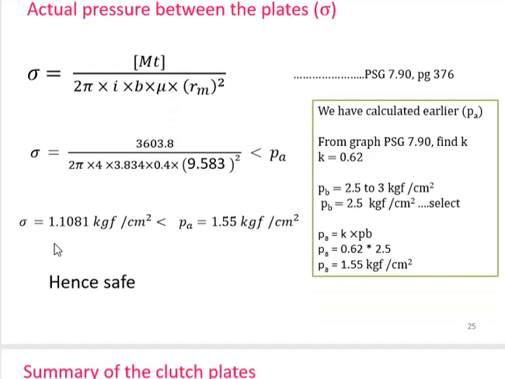It can be seen that it comes around 1.1081 kgf per centimeter square, and this pressure developed between the plates is less than the allowable pressure PA, which is 1.55 kgf per centimeter square. Hence the pressure that is exerted to transmit power of 10 kilowatt is within the permissible limit. Hence the power can be transmitted safely.